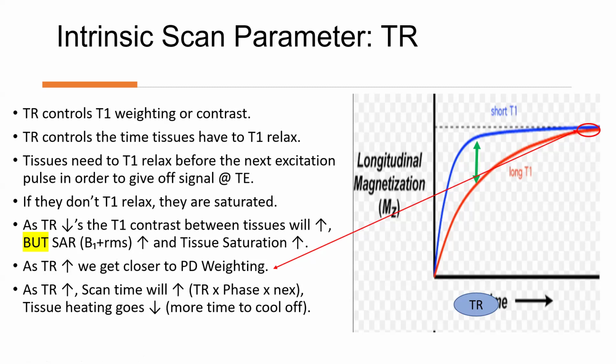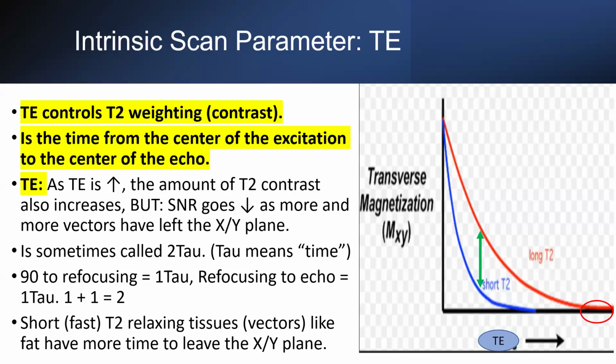Does that make sense to you? SAR is across the board always the same for everybody. That's why we put in a weight when we register a patient. But B1+ root mean squared is how much RF is living in that pulse sequence you are going to be running. Does that make sense, guys? Hopefully so. Let's keep on going.